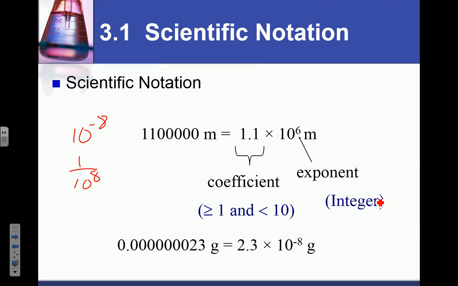So if we have 2.3 times 10 to the -8th, that means we literally take 2.3, divide it by 10, 8 times, and we get our original number. So when we change really big and really small numbers, big numbers are going to give us positive exponents. Small numbers less than 1 are going to give us negative exponents. The smaller they are, the more negative they become. The larger they are, the more positive they become.